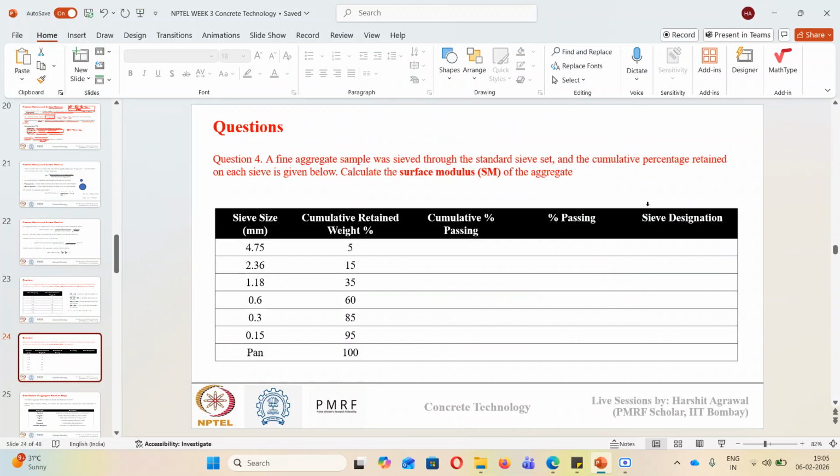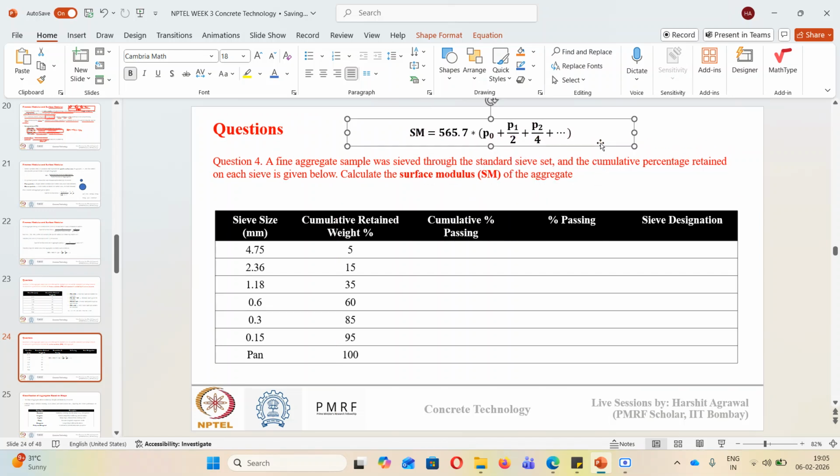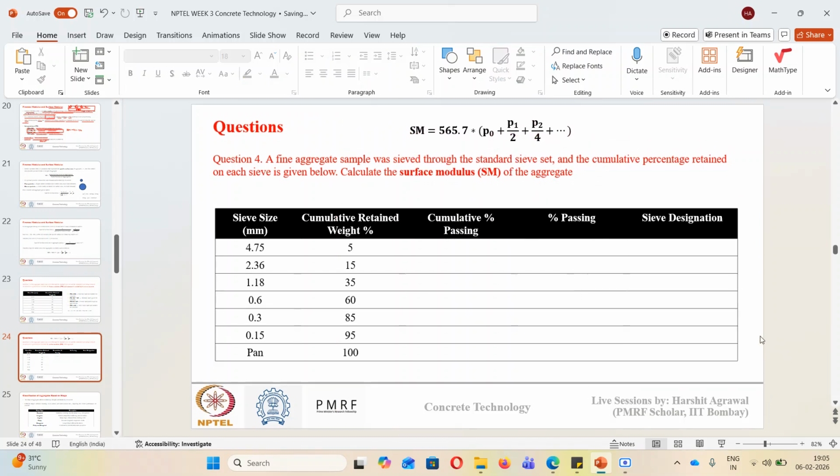Okay, so P was here percentage passing, that we need to get. Any idea how to do the calculation here?